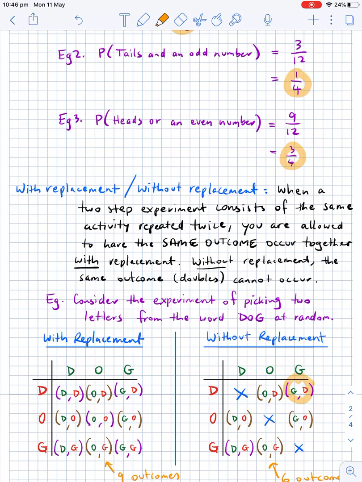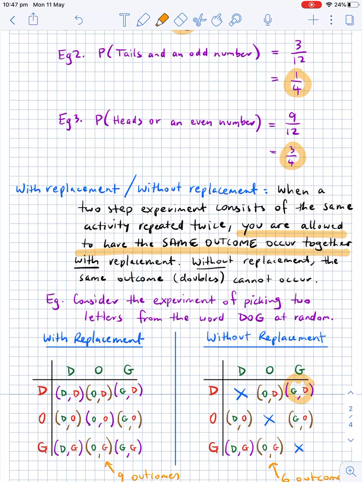What do these mean? When a two-step experiment consists of the same activity repeated twice, say flipping a coin twice or rolling a dice twice, you are allowed to have the same outcome occur together.